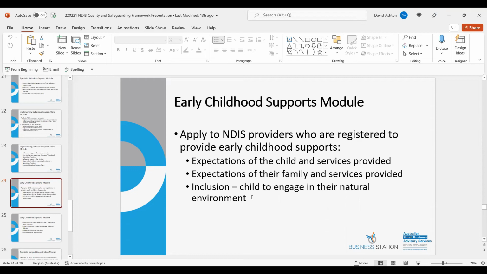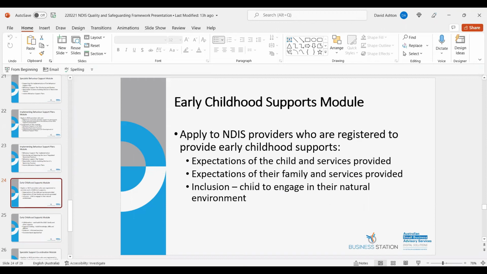Links with each family's community and other support agencies are enabled, and each child's inclusion through participation in daily routines in their natural environment. This is basically saying that you need to look at the environment in which the child lives and encourage the provision of their services within that environment.